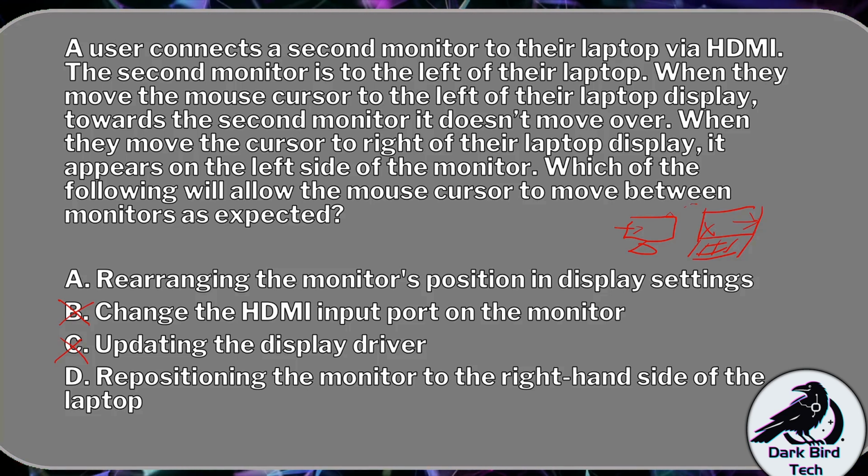And that would automatically control at which border the cursor crosses over. So I'm going for option A because it's going to be the most straightforward thing to do. Plus also the user might want the monitor on the left of the laptop, so repositioning is not necessarily the desirable choice. Yes, it would work, but is it the most desirable choice? I don't think so.